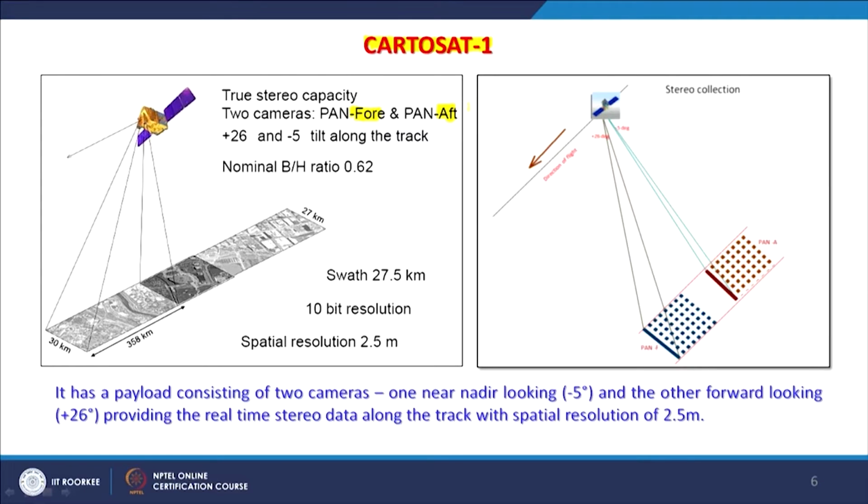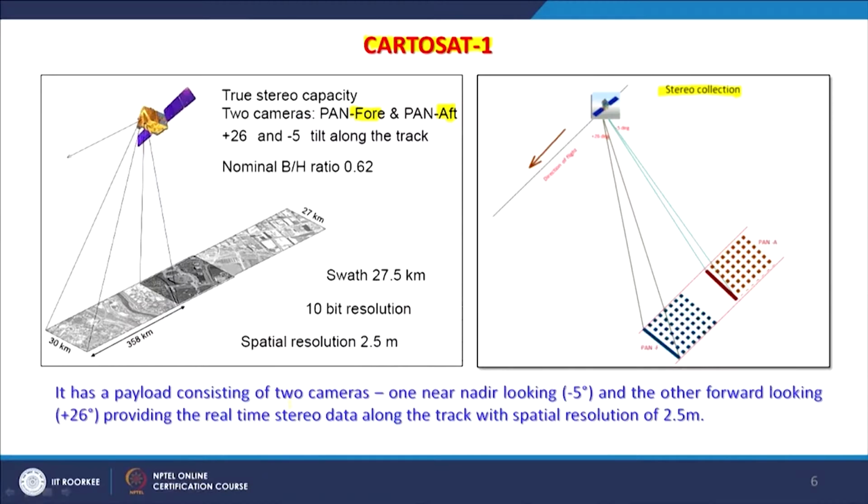When it keeps doing this, you are getting data almost at the same time, and differential cloud cover or other meteorological conditions will not have any significant role. Whereas in the case of SPOT, it was a real challenge to get completely identical meteorological conditions in both photographs of a single stereo pair. But in the case of Cartosat, it is possible.